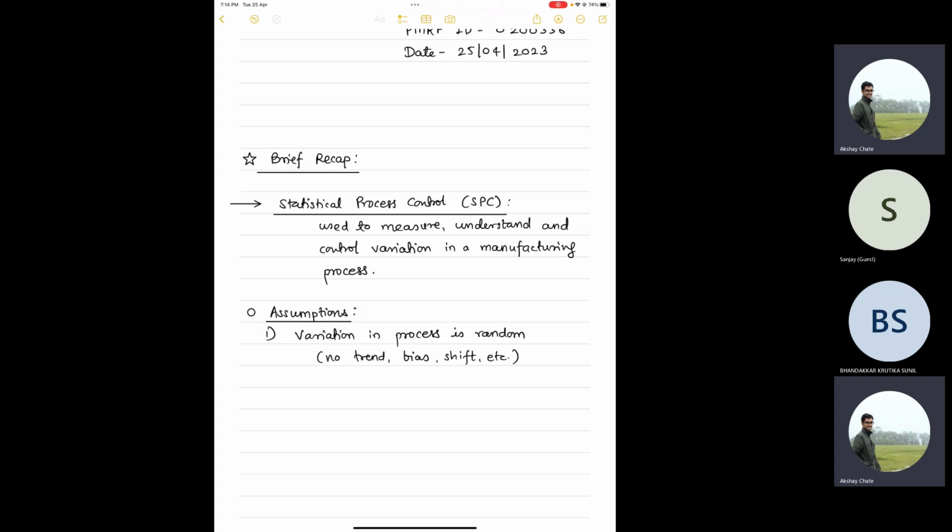That's why we use Gaussian distributions. Later you'll see that we use 3 sigma, 6 sigma, and all those things. A Gaussian distribution is used for describing a random process, and you can define it using only two quantities, mean and variance. Standard deviation is the square root of the variance.